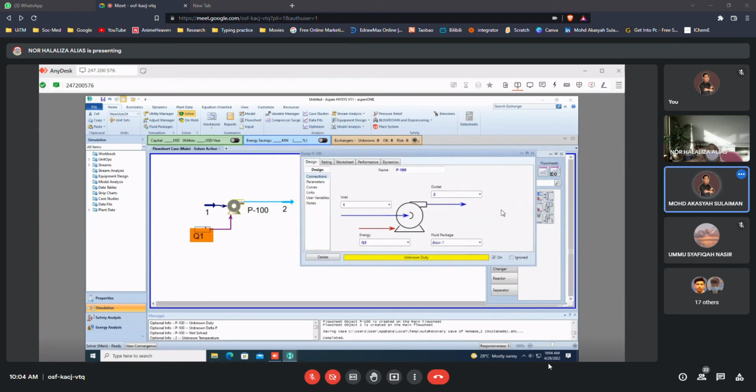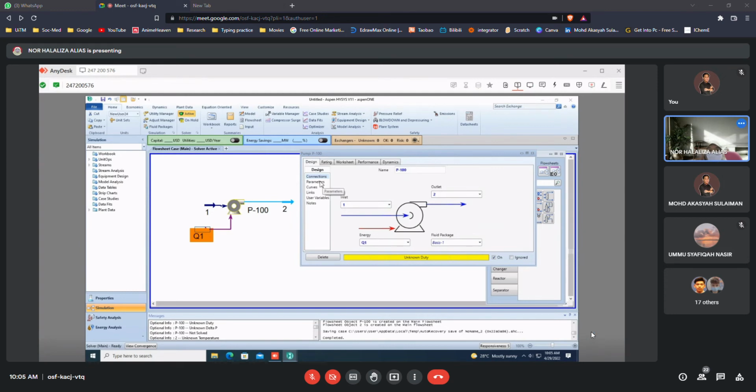Okay, boleh. Okay, next they ask for what is the duty, heat. Tapi kita tak diberi kan? Betul. You are not given with the heat duty. Okay, cuma yang you ada hanya pump. Okay, efficiency of pump. How to key in? Okay, so under connection maksudnya you masukkan what is the inlet, outlet and also Q. So untuk duty you go for parameter, bukan duty sorry.